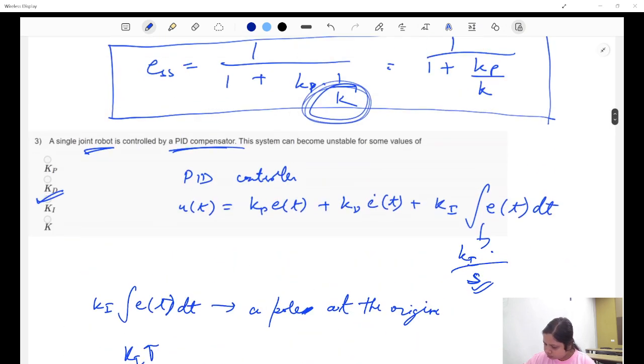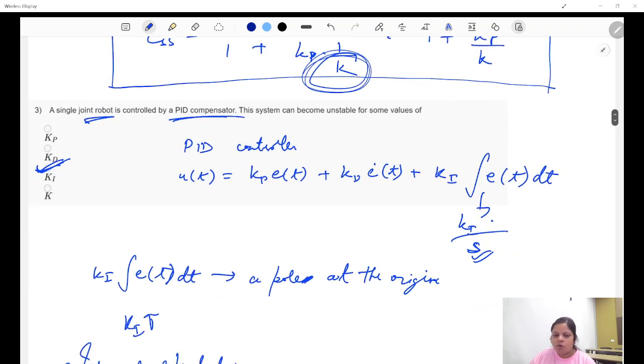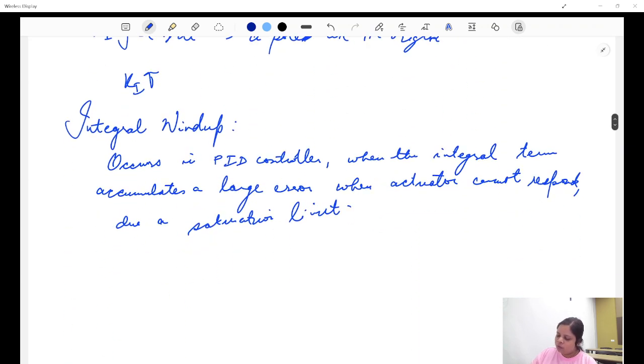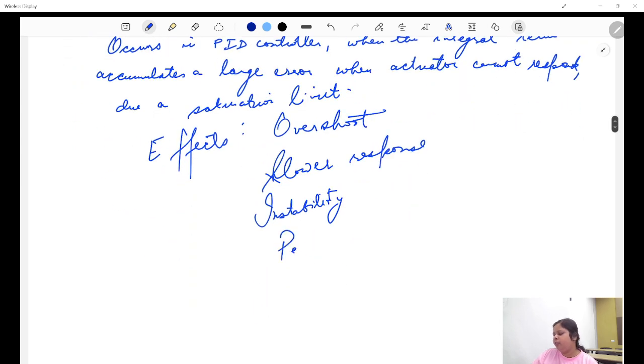So this is one of the bigger reasons affecting stability. Kp, Kd do not. This does. The effects could be overshoot, slower response, instability, or poor tracking. All of these can be the issue.